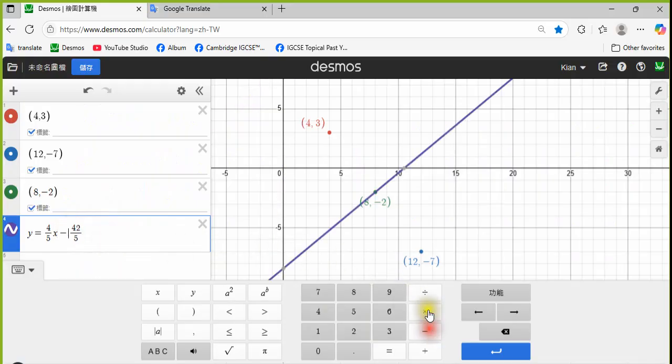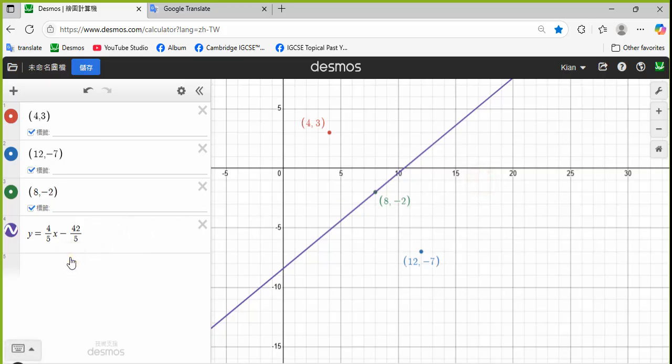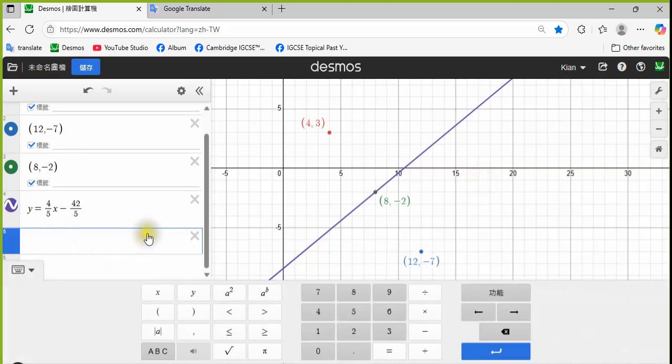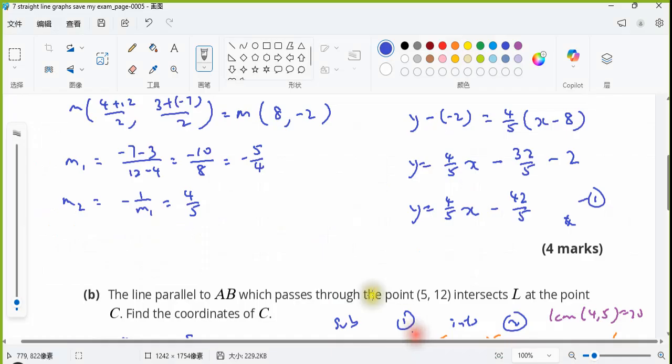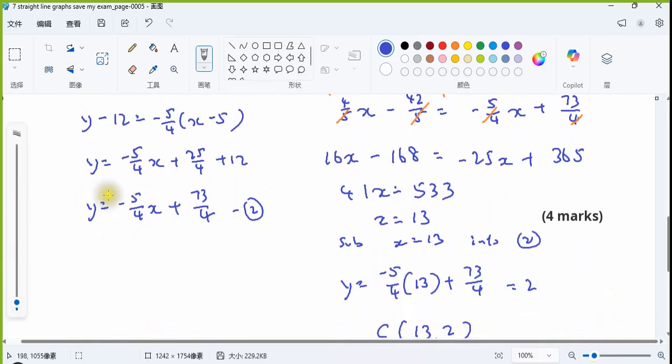And then the equation of the parallel is y equals negative 5 over 4 x plus 73 over 4.